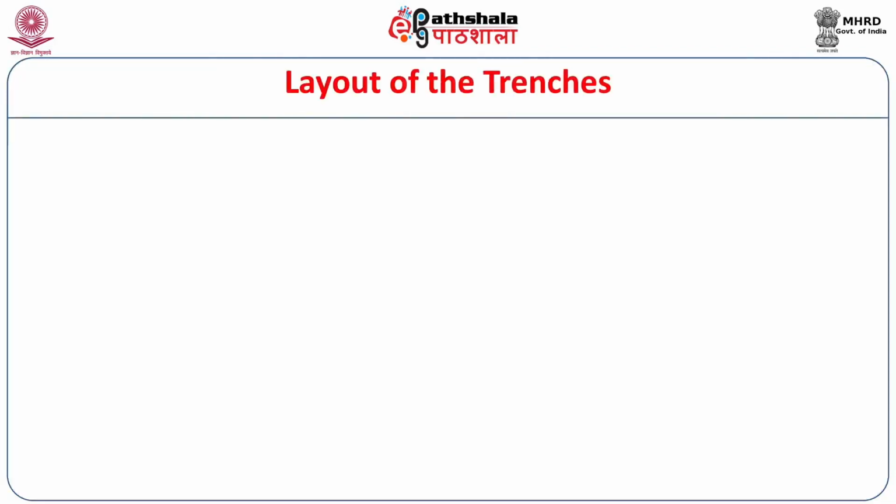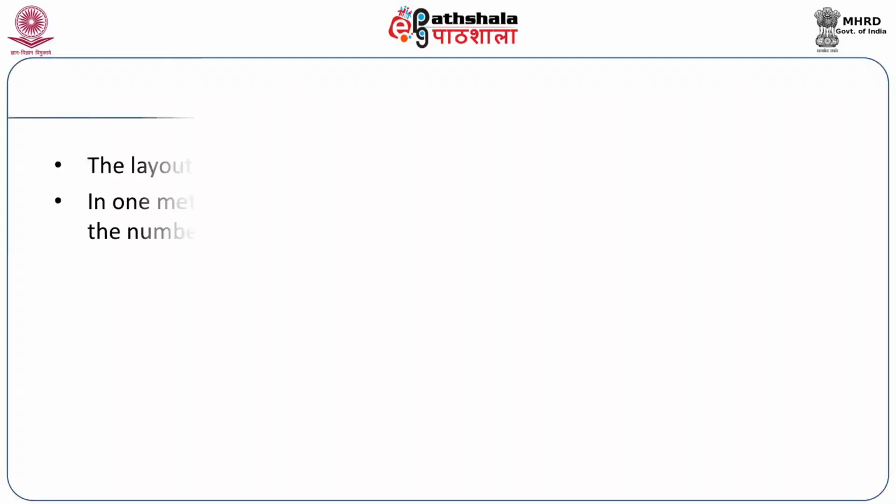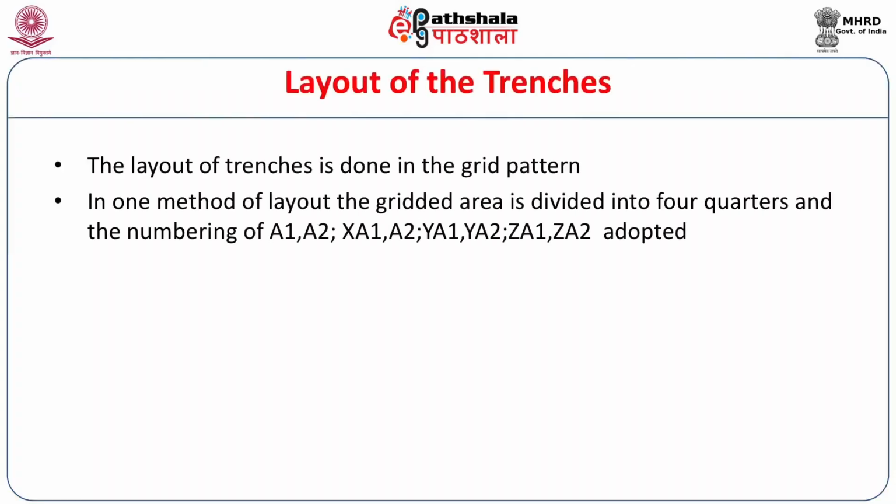Then coming to the layout of trenches, there are several methods. Several scholars have suggested different ways of laying out the trenches. According to one method, the site area is divided into 4 quadrants or 4 quarters, and then the trenches are numbered as A1, A2, B1, B2.